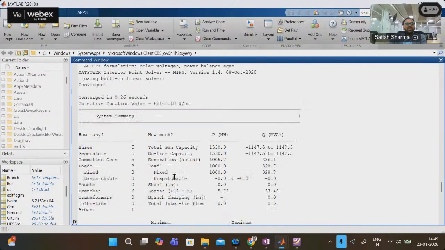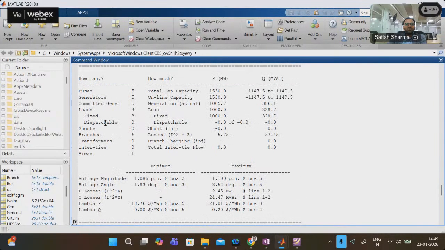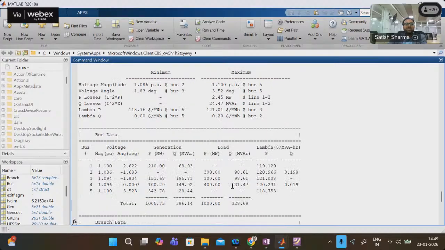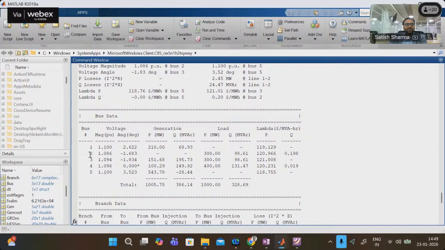So this is our ACOPF. The entire summary is also provided, like how many buses there are, how much the generation capacity is, how much are the losses, loads, and everything is provided here. And if I look at the bus-wise data, these are the magnitudes, these are angles in degrees, then these are the power generation, and then different lambdas.